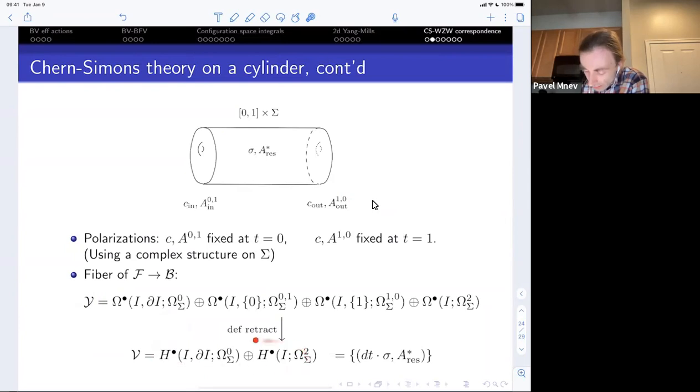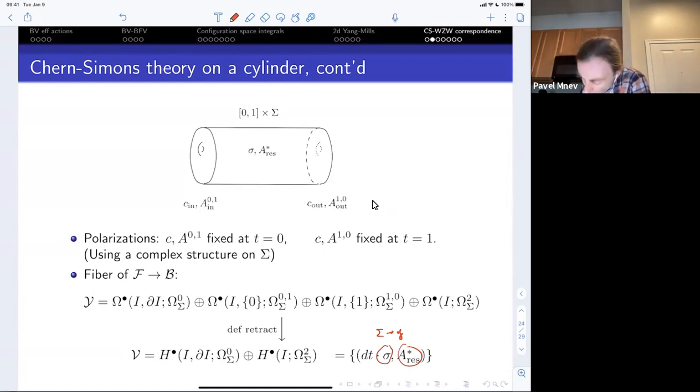That gives you the following model of residual fields: cohomology of the interval relative to the boundary points with coefficients in 0-forms on the surface, plus absolute cohomology of the interval with coefficients in 2-forms on the surface. I call these cohomology classes sigma. That's just a mapping from sigma to the Lie algebra, and a star, which is a 2-form on sigma with coefficients also in the Lie algebra.